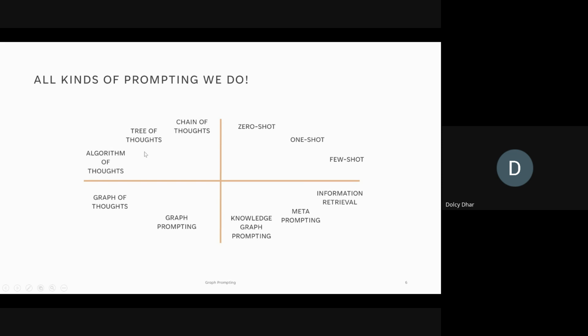Now, on your left hand side, the upper left quadrant, these are all your reasoning based techniques. What is known as reasoning based techniques? It is where you ask the LLM to reason to do something.